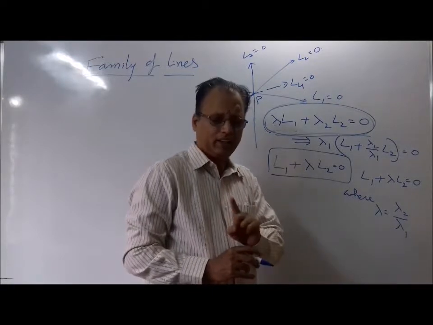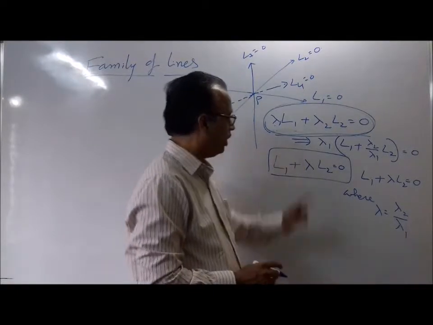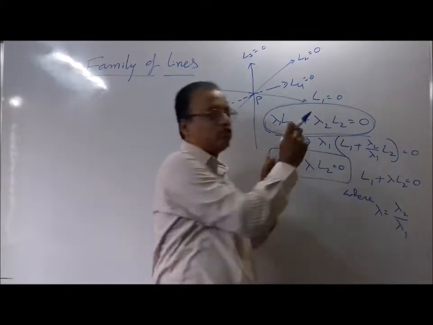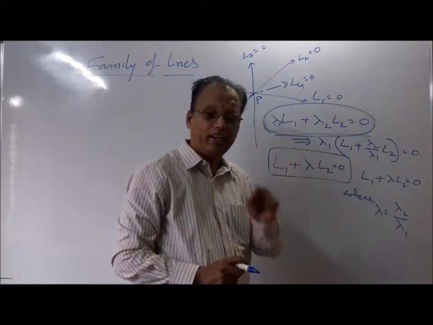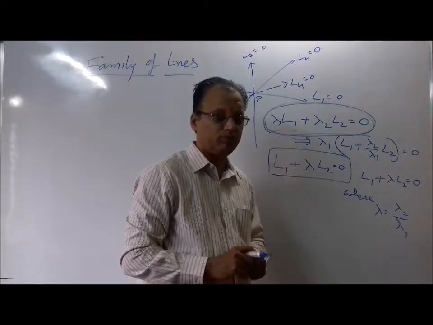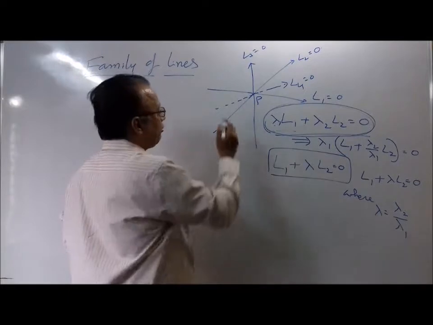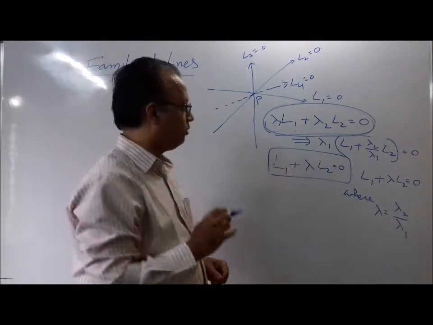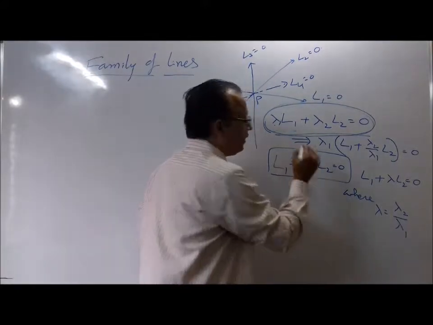So any line passing through the point of concurrence, or the point of intersection of these two lines, is represented by L1 plus lambda L2 equal to 0. Now see, if I want another line L4, lambda will be different.